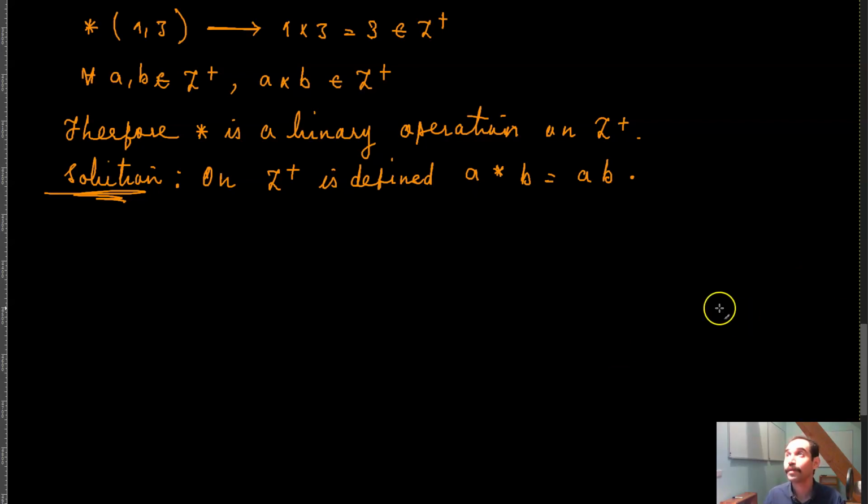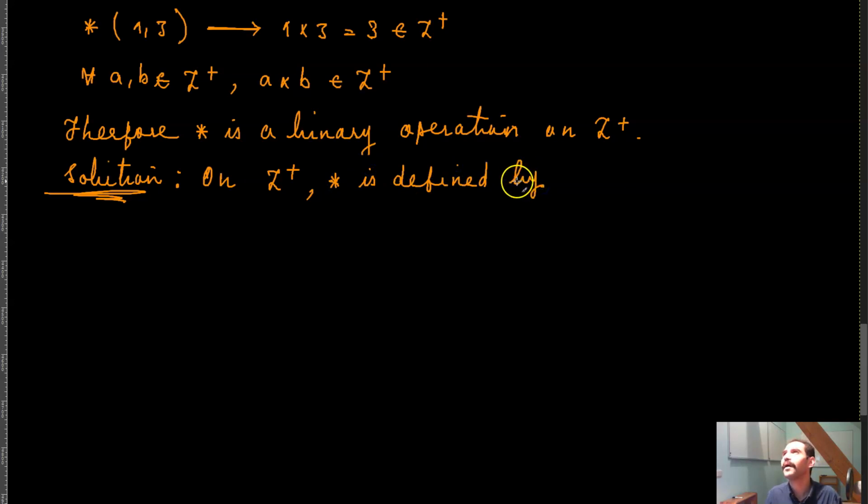Okay, so it is on Z plus star is defined by, so let me rewrite this. We have on Z plus star defined by A star B is equal to A times B.